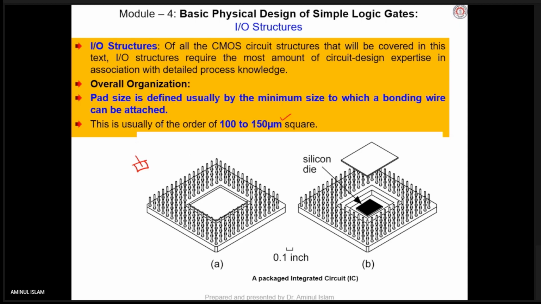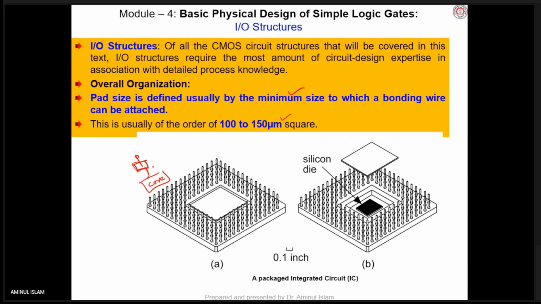Pad size is defined usually by the minimum size to which a bonding wire can be attached. Say this is your chip, and from the chip core you have to attach a bonding wire to the pad on which the pin is there on the other side.